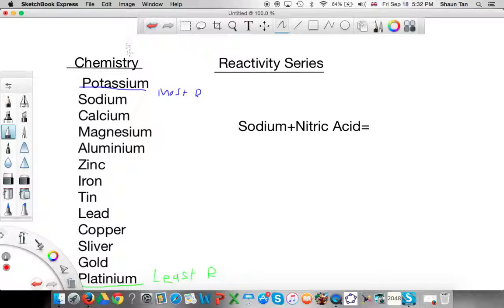Now, looking at the reactivity series, we know that sodium is second place under potassium, and nitric acid gives nitrates. I'll cover that in a separate video on acids, bases, and salts. But now let's teach you how to solve this problem. Sodium is here, so it will be able to react. So the answer to this question will be sodium nitrate.